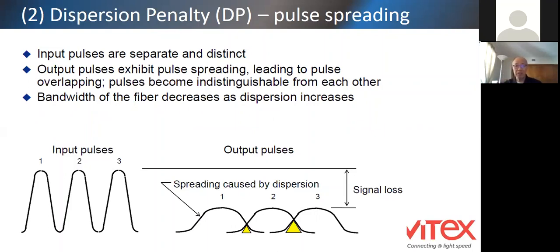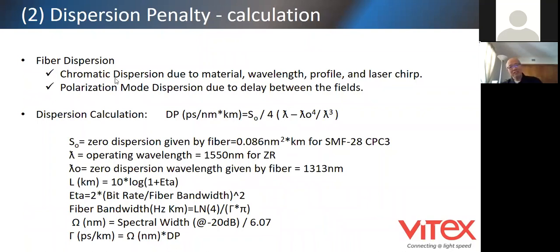Very quickly, I put in this formula. For some of you interested in using the formula, you can use it as is. It's a very good estimate to plot what happens when dispersion affects the performance of your link. I'm not going to go through it one by one because it's too detailed.